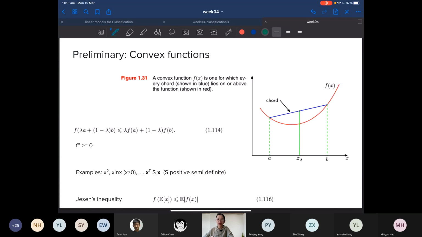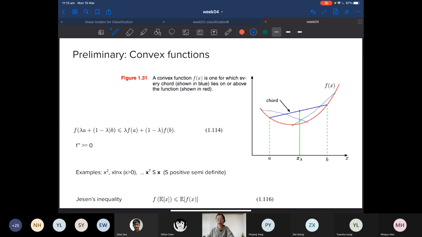A convex function f of x, here on the one-dimensional x, is one where every chord, basically, if we connect any two points on the function, sits above the function itself, such as this one, and we can draw one here too. So they all sit above the red curve, the function itself.